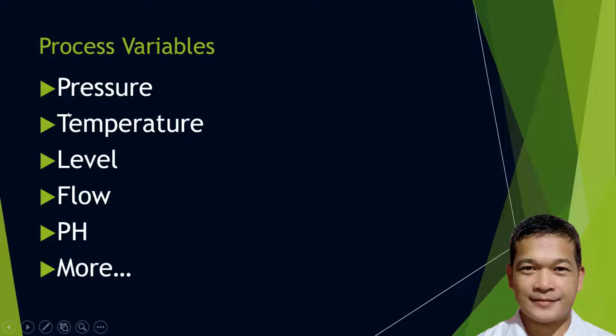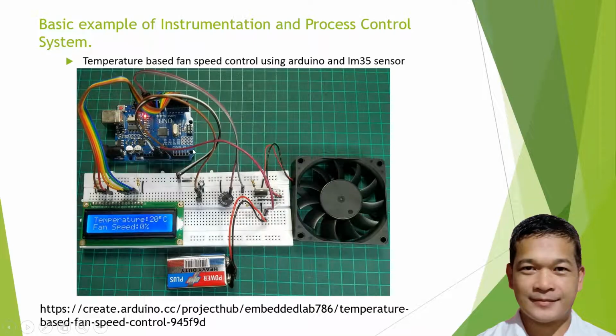An example of level is a water tank that is not automatic; it can be made automatic using this type of level control sensor, so that when the tank is full, your motor stops. When the tank is almost empty again, your water pump turns on again. These are the basic examples that I will show you.